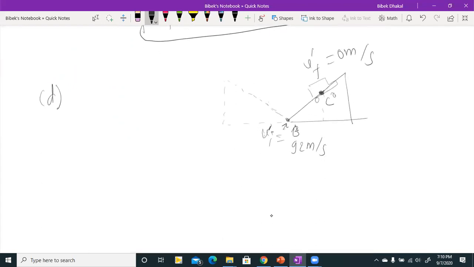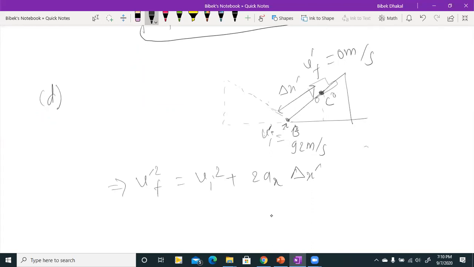So you need to find the distance from here to here. So again, let's use the equation of motion, that is V final prime squared equals V initial squared plus 2a times delta x prime. Let's call it delta x prime.